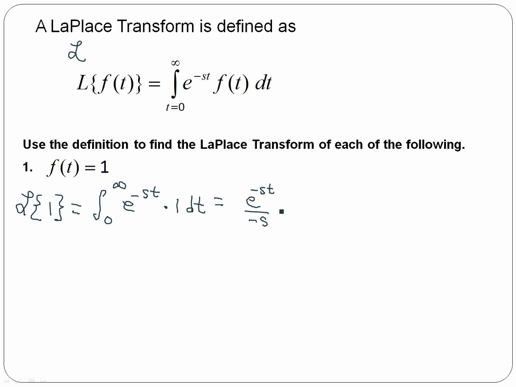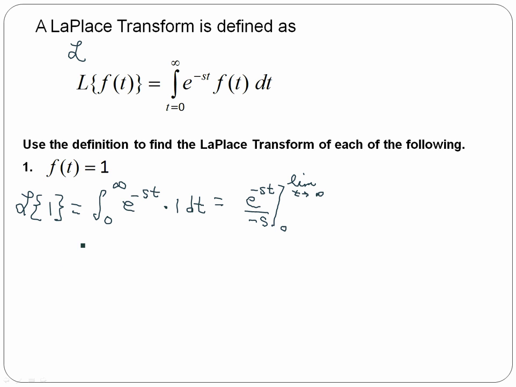And we don't need the plus c here because we have a definite integral. We're given these limits, and so we want to evaluate this for our limits. At 0, that's no problem because we can substitute in 0. But at infinity, we need to take the limit. This is the limit as t goes to infinity.